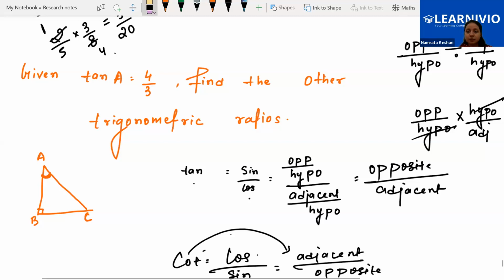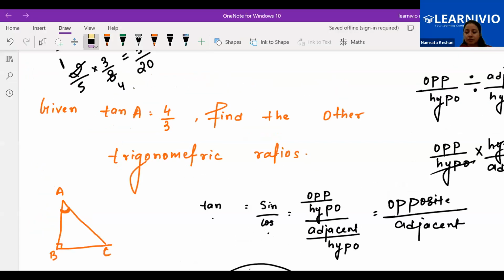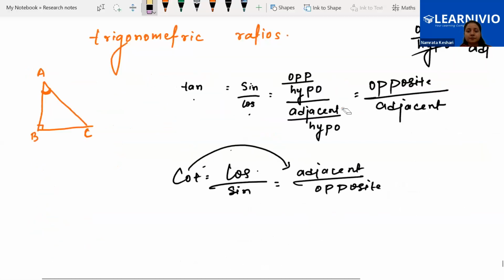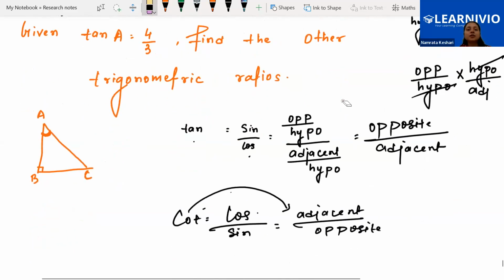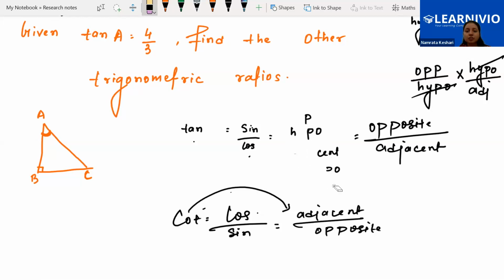Just a second. Yeah. So yesterday only we have discussed the formula. Here directly I am writing the formula, that we know tan means opposite over adjacent.